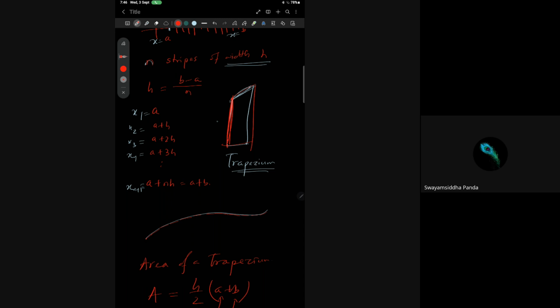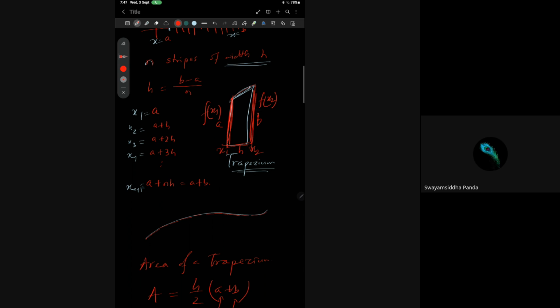So in this case, if this is my a, this is my b, and this is my h, isn't it? But if I take this to be my x1, this to be my x2, then the a value would be f of x1 and this will be f of x2, right?